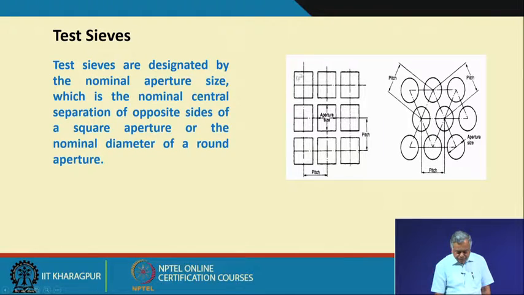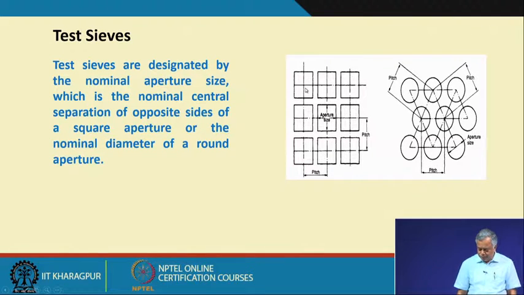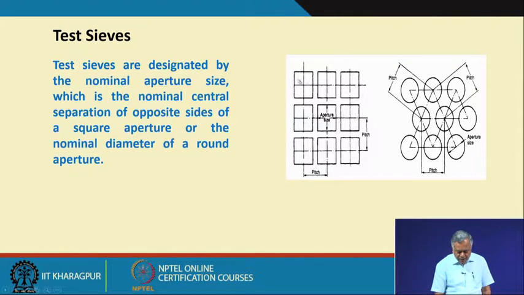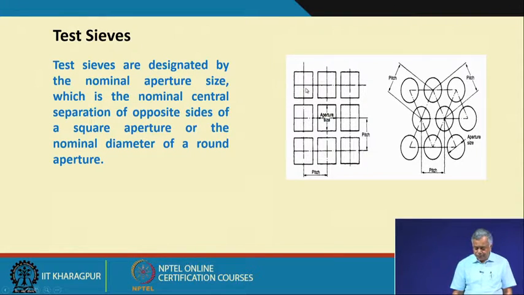If I have a shape of this aperture like a rectangle, is the diagonal 100 micrometer, or is the width the 100 micrometer? It is basically the width that is the 100 micrometer, but again it depends on how it is being oriented.